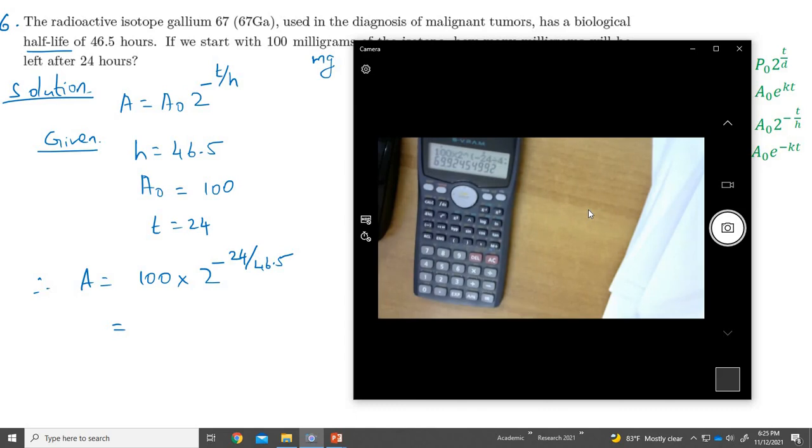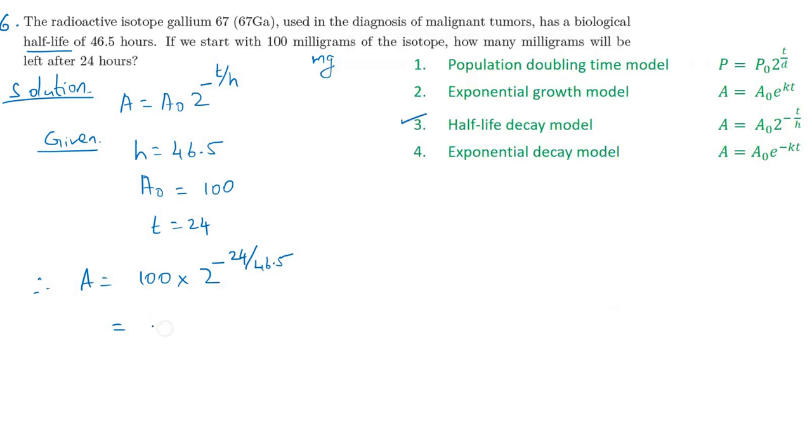What is the answer? 69.9245 something, so 69.92. Anyway, they did not mention how many decimal places. You take just one or two, that is enough. Don't put only 69.